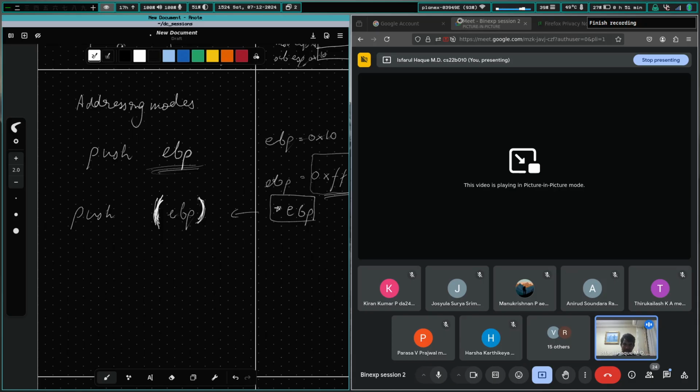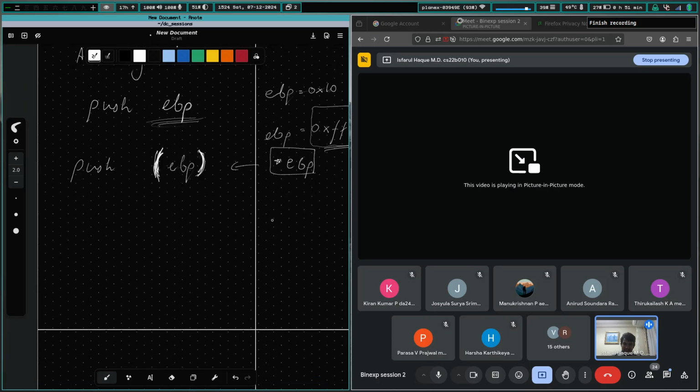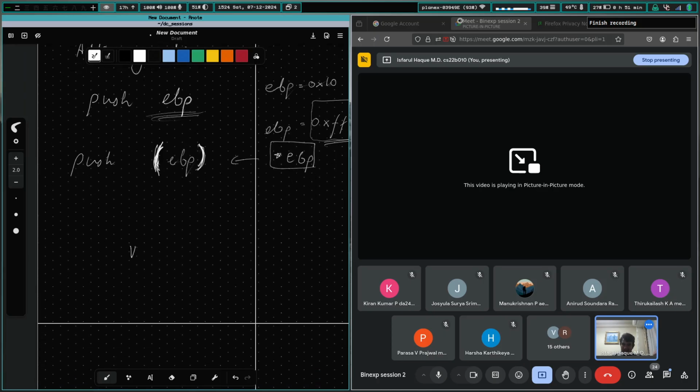It simply means dereference that value. So take EBP as a pointer. So this would be something like, int EBP. In the first case, you do star ESP is equal to EBP. I'm writing C code over here because I think that would be easier for all of you to understand. ESP plus equals 4.